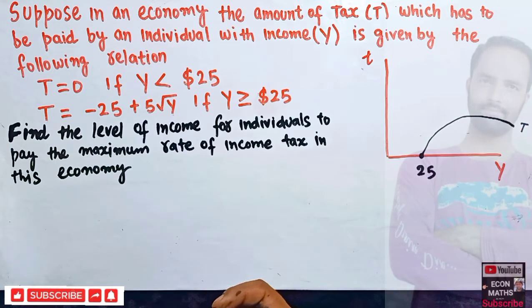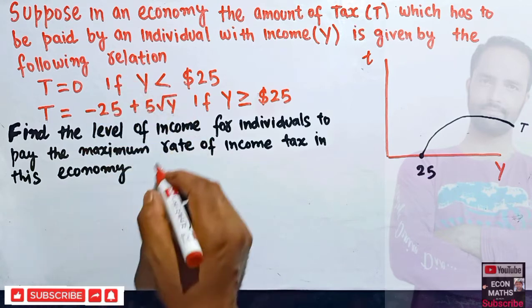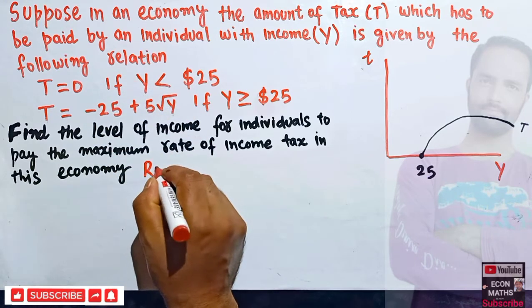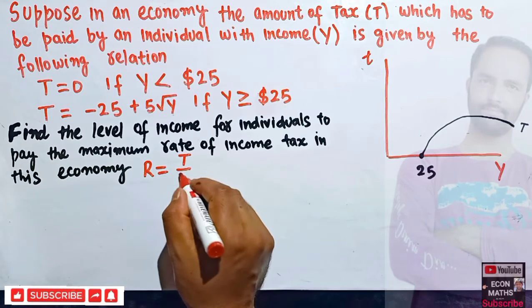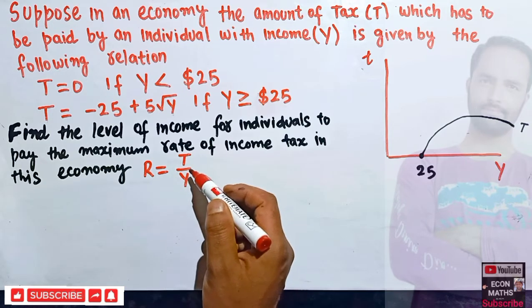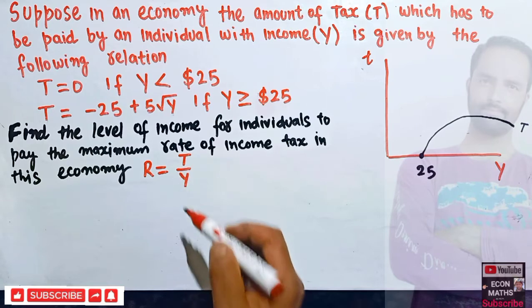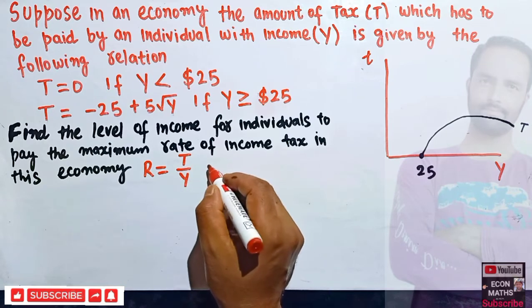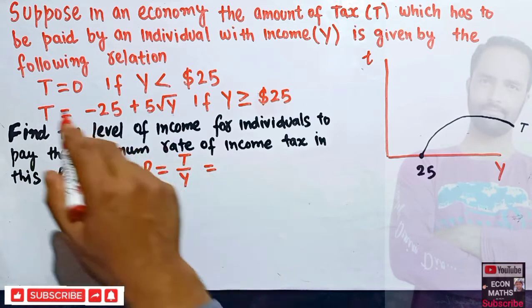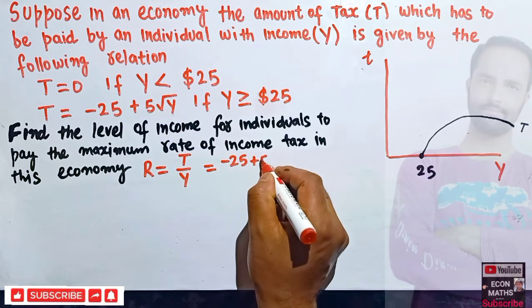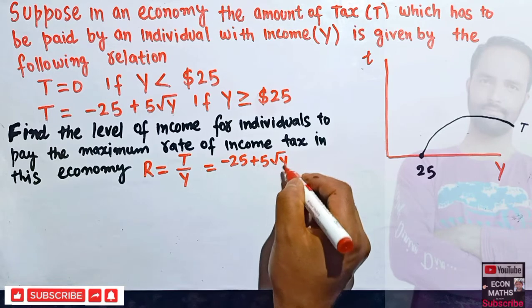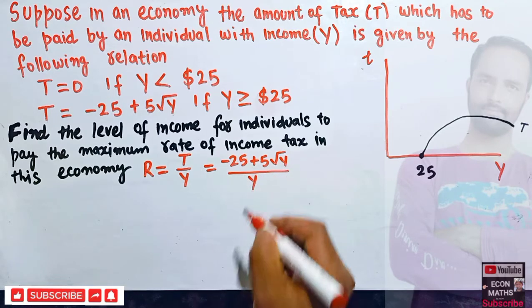First thing first, we need to find out the income tax rate. So tax rate will be equal to tax upon income, the amount of tax upon the level of income. So tax rate is minus 25 plus 5 under root y, divided by y.